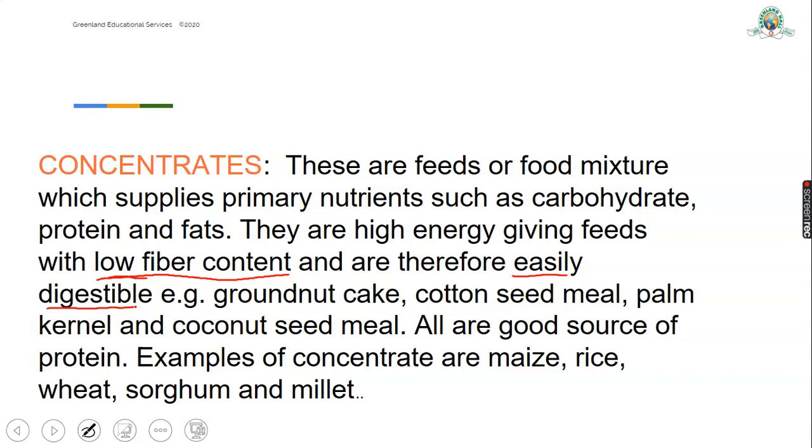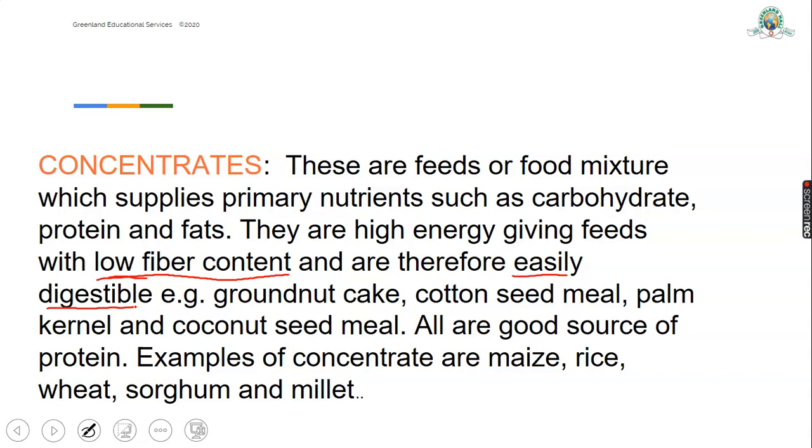Opposite of roughages is what we refer to as concentrate. Roughages are relatively less digestible with high fiber content, while concentrate is of low fiber content and easily digestible.